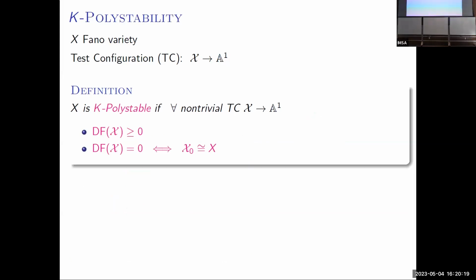And it turns out that if you think about this interpretation that I gave you for the Donaldson-Futaki invariant, if your variety has a Kähler-Einstein metric, then the Mabuchi functional will have a minimum, and in particular, if you take any algebraic ray, the limit of the derivative of the Mabuchi functional must satisfy this condition. So we see that if X admits a Kähler-Einstein metric, then it is K-semistable.